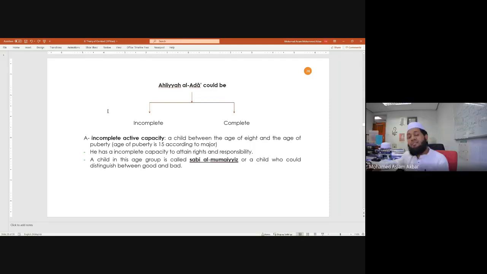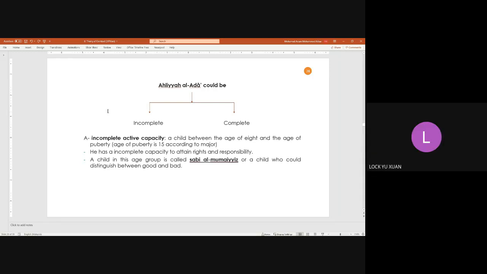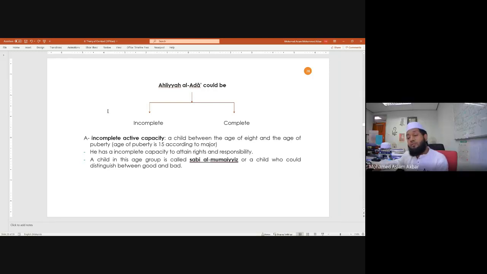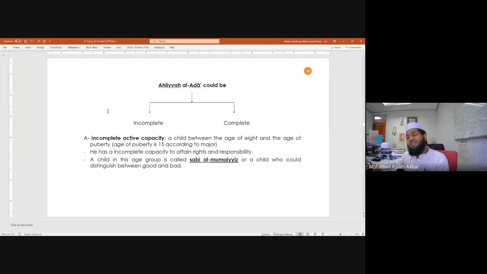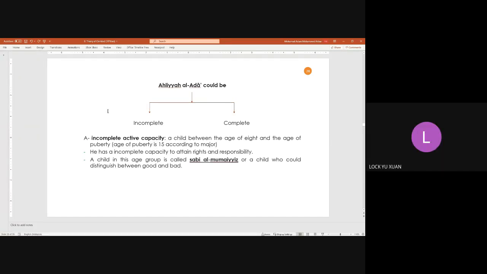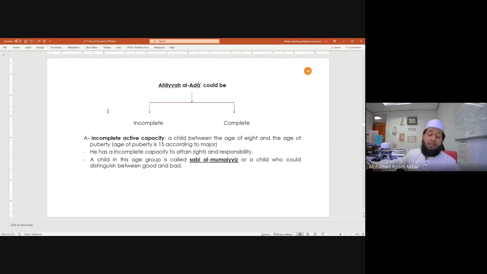For example, 13, are they major? No. And 18, they are major, right? Yes, so they are different. That's why I didn't bring teenage here.